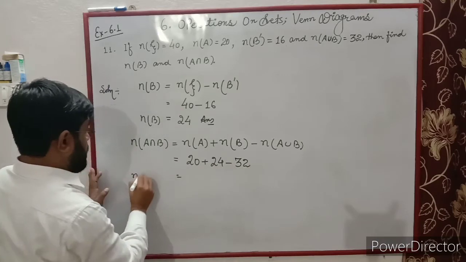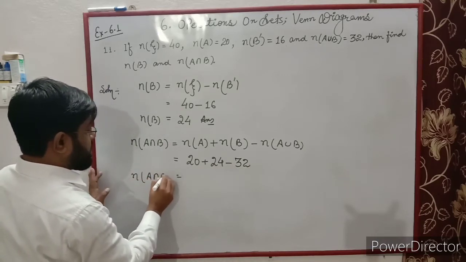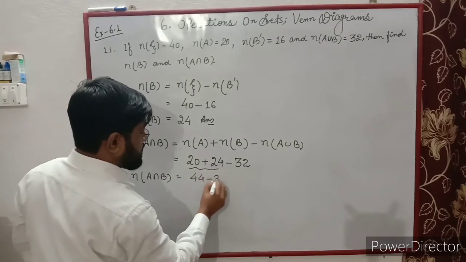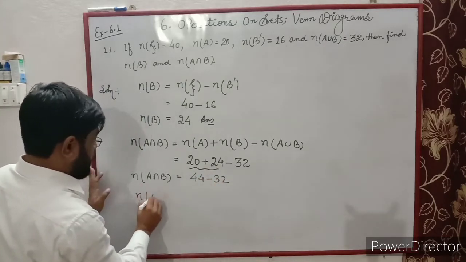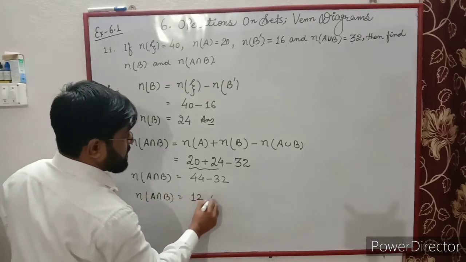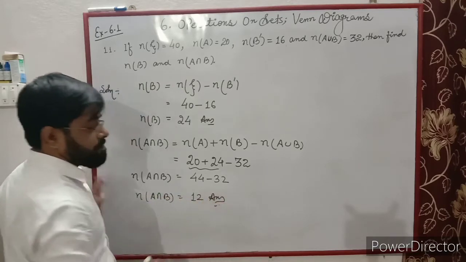Now n(A intersection B) is equal to 44 minus 32. So n(A intersection B) is equal to 12. That is the answer.